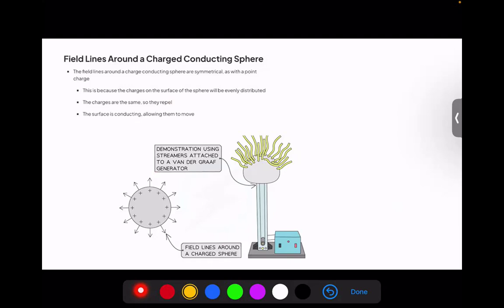Initially, the charges are evenly spread or symmetrical, positive and negative, all equal. This is the first important point: on a sphere the charges are evenly distributed.